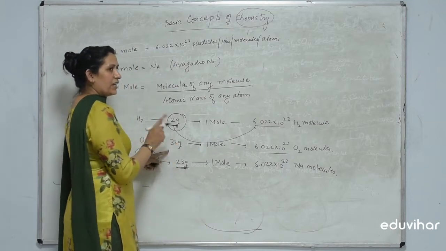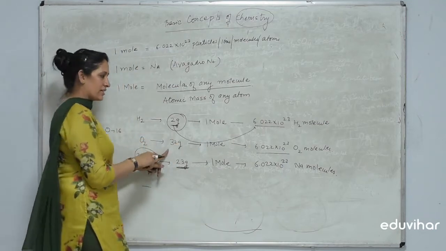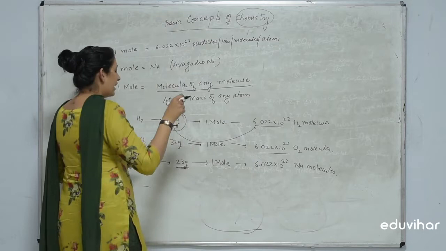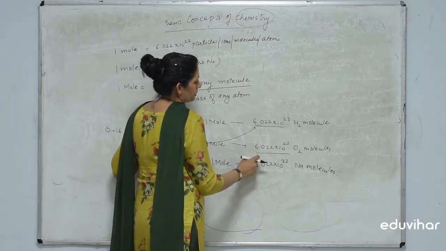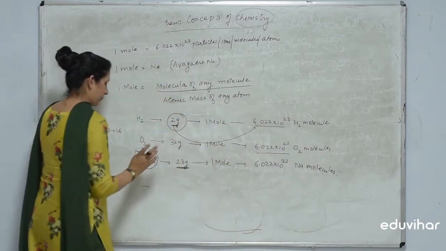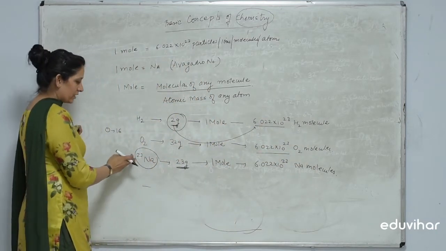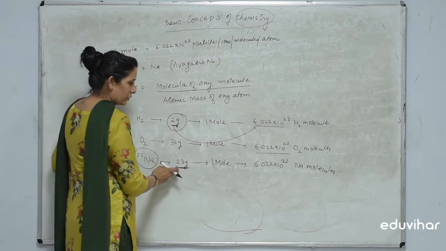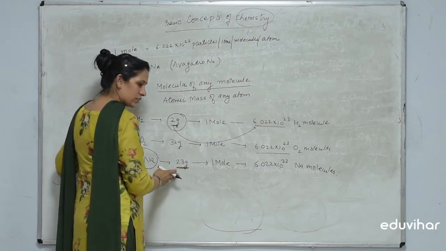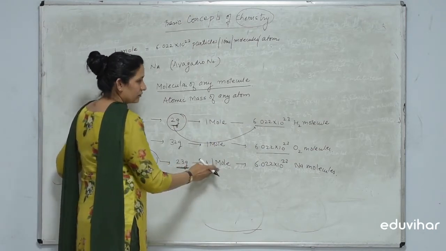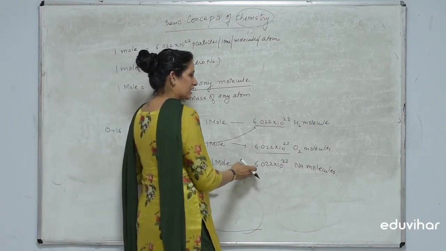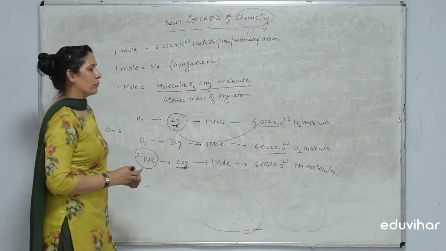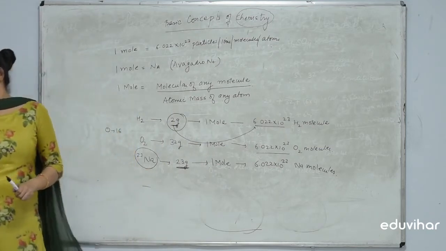If it has 32 gram molecular mass, that means it contains 1 mole, and 1 mole always contains 6.022 into 10 to the power 23 oxygen molecules. Okay. Sodium has the atomic mass 23, and if it has 23 gram atomic mass, that means it contains 1 mole. If it contains 1 mole, it means it contains 6.022 into 10 to the power 23 sodium atoms. Okay.